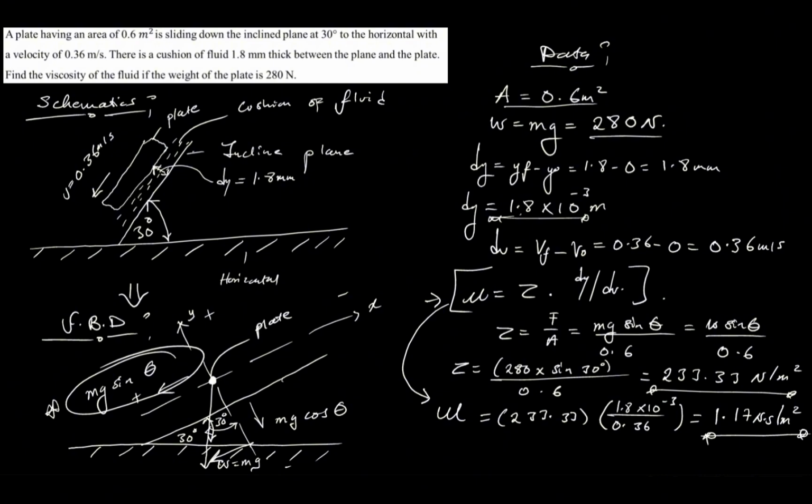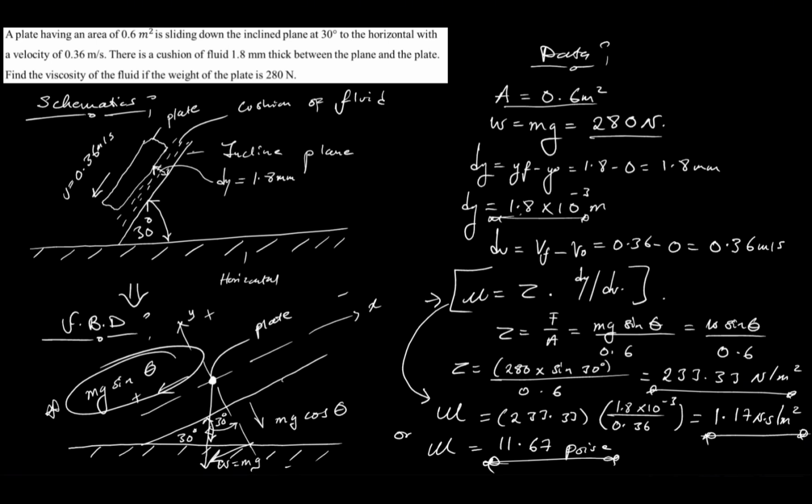And if at all we were told to write our answer in poise, we just have to multiply our given answer by 10, and you will have your final answer in poise as 11.67 poise. Remember, if you need to convert Newton second per meter squared to poise, just multiply the answer you have by 10, and you will have your poise value.